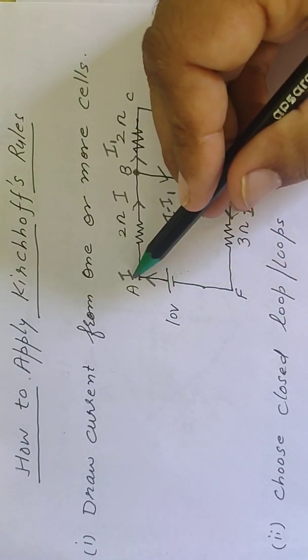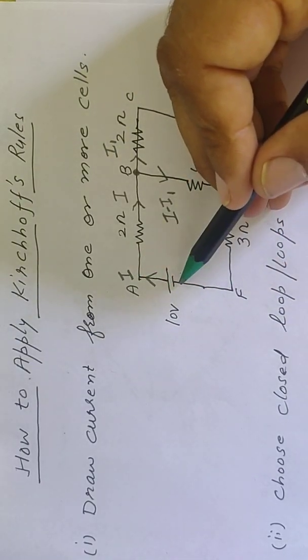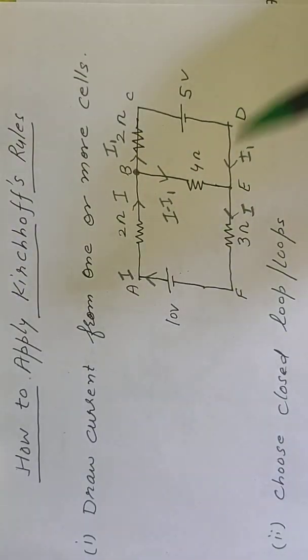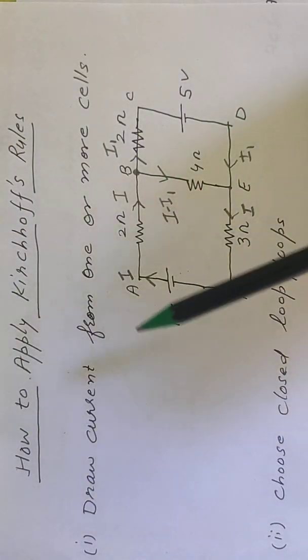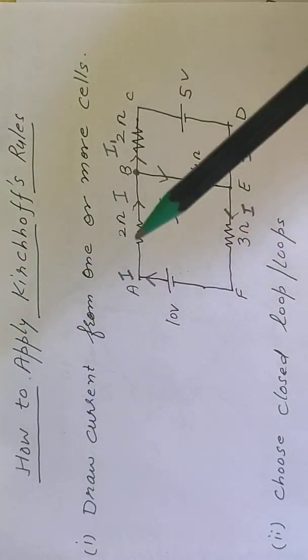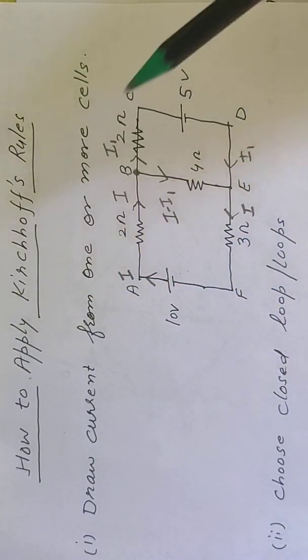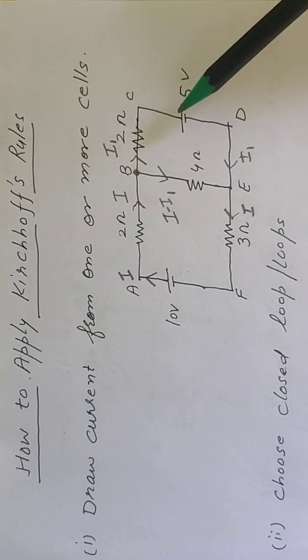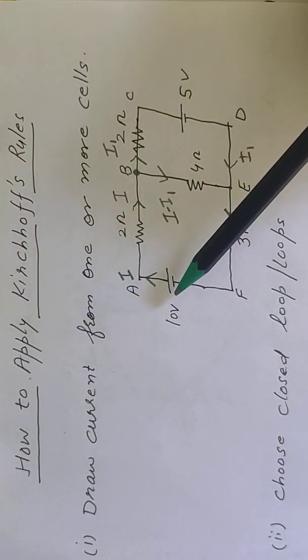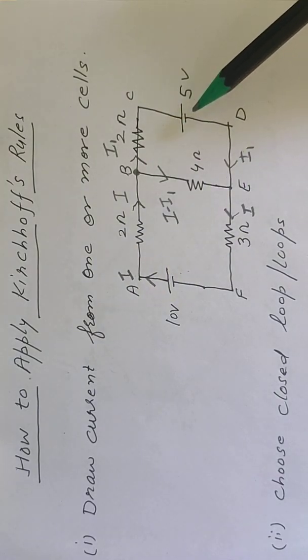So I current is coming out and I is entering the cell. It means whenever we draw the current, we can draw current from this cell, or from this cell, or from both these cells.